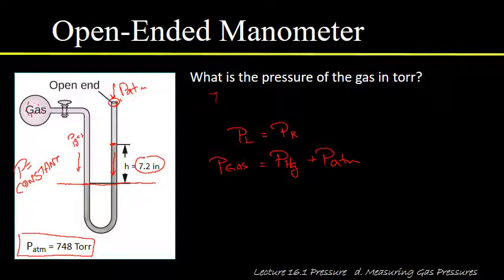Save a little space here. We've got 7.2 inches, and we recall, I hope, that 1 inch is equal to 2.54 centimeters, and that 1 centimeter is 10 millimeters.